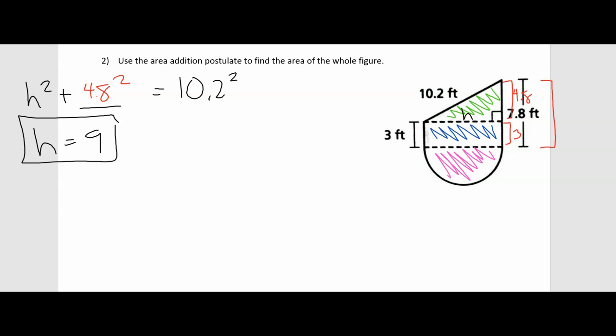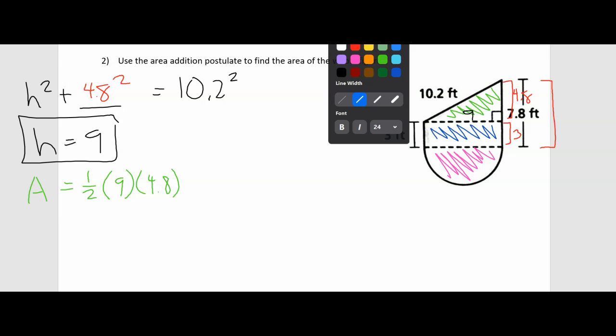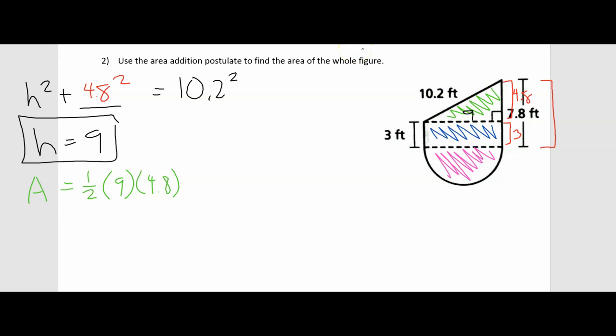That really helps out because now I can figure out just about everything else based off of that. Let's do the area of the triangle first. I'm just going to color coordinate, so in green I'm talking about the area of the triangle. 1/2 times the base, so 1/2 times 9 times 4.8. Area of the rectangle, whoops. I'm just going to put all the formulas up here and we'll simplify in a second.